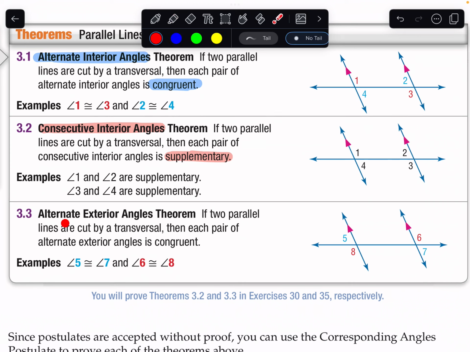And finally, alternate exterior angles theorem. If two parallel lines are cut by a transversal, then each pair of alternate exterior angles is congruent. I'll go back to highlighting this one in blue. So notice that both types of alternate angles, both the interior and the exterior, are always forming congruent pairs.